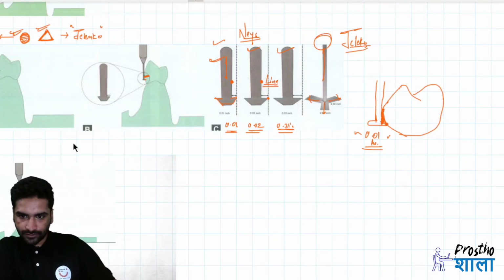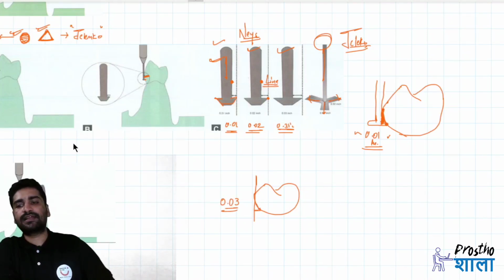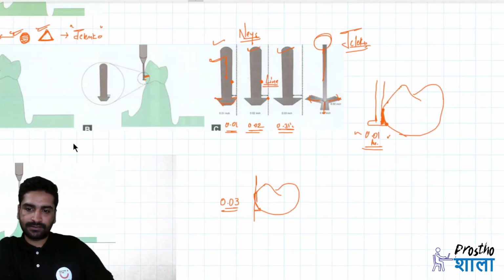Over here, if I will show you with a diagram, two different diagrams I will draw. Now the undercut over here is suppose 0.03. How can I reduce the undercut? Don't say, sir, trim this surface so the undercut will go. We are not here to damage the teeth.